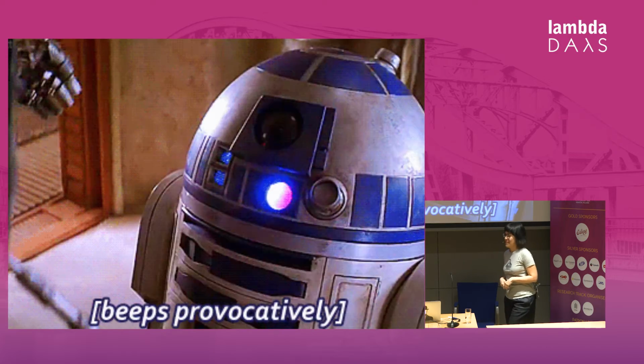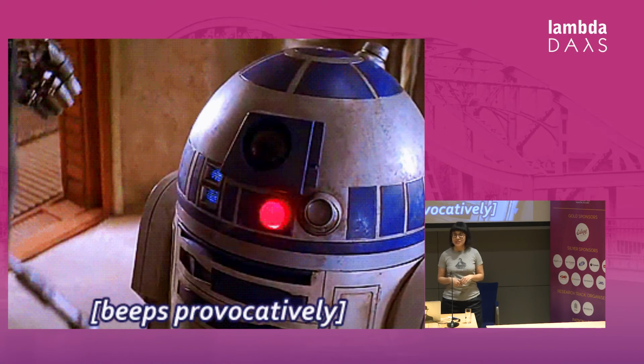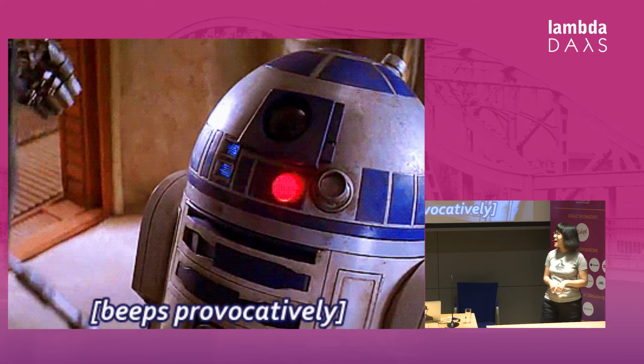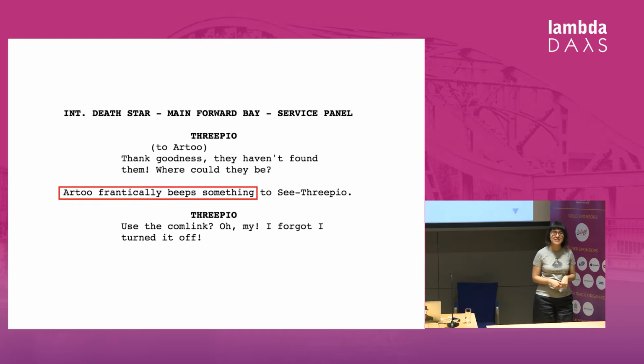And you would think that this is all nice, but then I looked at what my parser actually extracted, and R2D2 wasn't there at all. So what was actually happening? I looked into the script files and found out that he doesn't speak there at all.